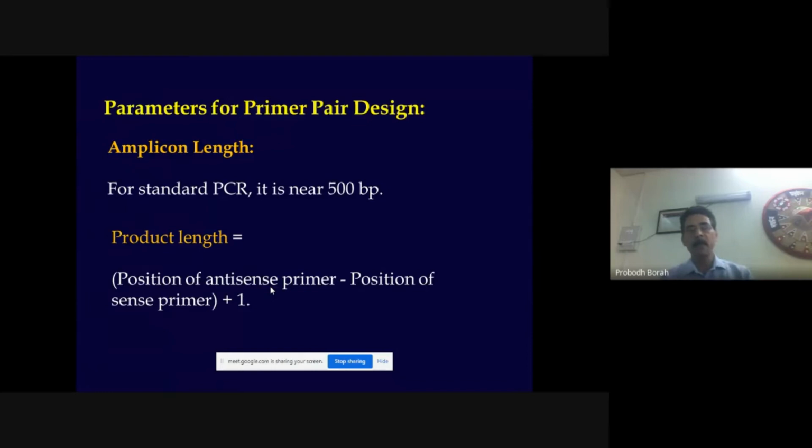Say, for example, some of such enzymes are PFU, KOD, etc. Or another is called VENT, V-E-N-T. So these are some high fidelity enzymes. So if you are going for a long PCR, means if you are targeting amplification of a very long sequence of DNA, in that case, you should not use the Taq polymerase enzyme, rather you should use the high fidelity enzymes like PFU, VENT, KOD, etc.